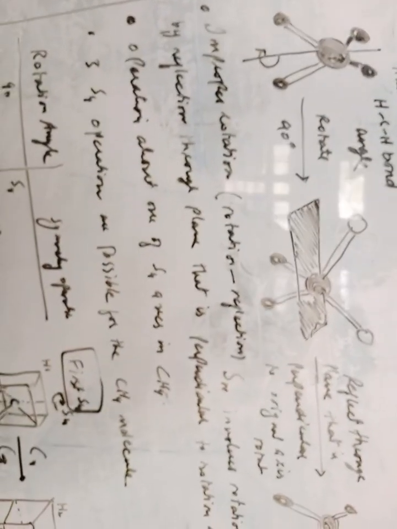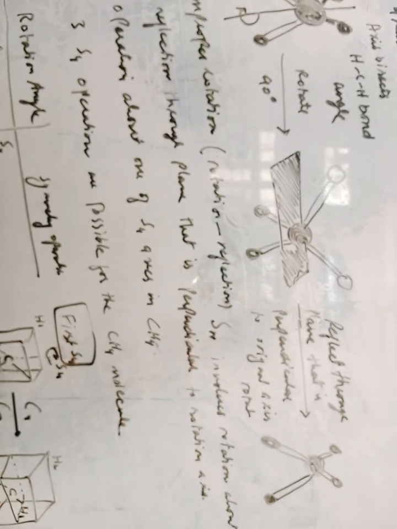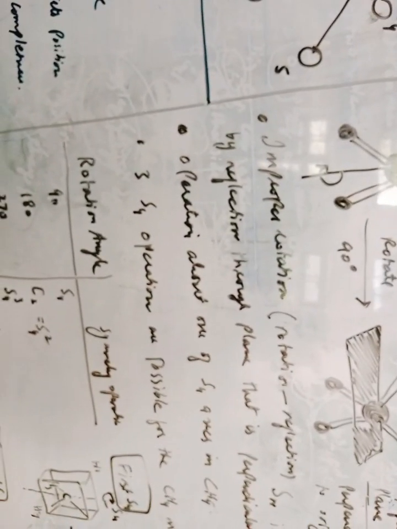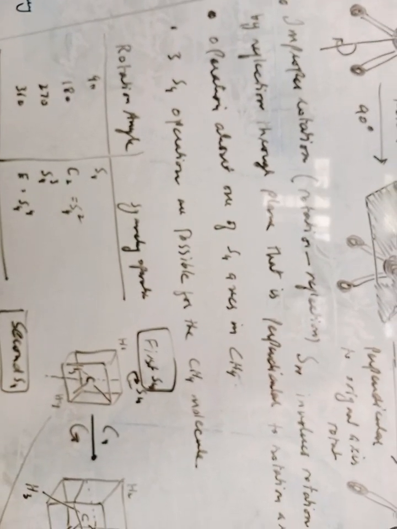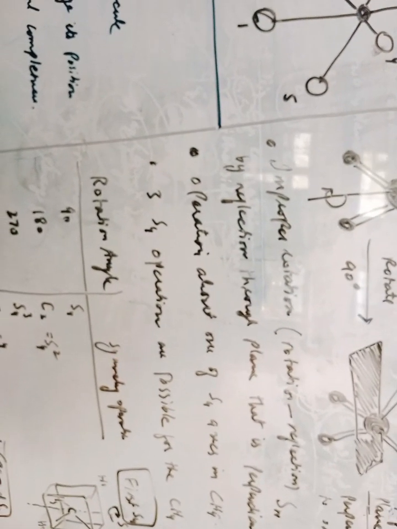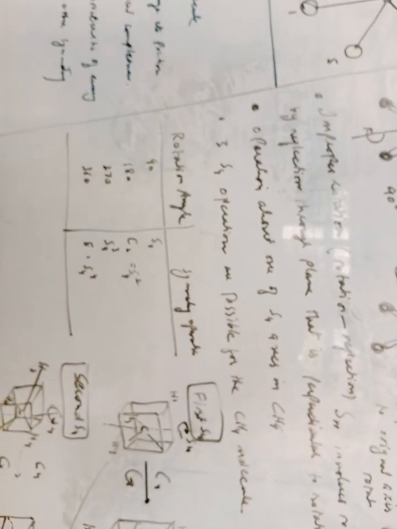After this, it reflects through the plane perpendicular to its original axis, and this operation reflects the improper axis of rotation. Improper rotation Sn involves rotation by 360 divided by n followed by reflection through the plane perpendicular to the rotation axis. Three S4 operations are possible for the methane molecule.